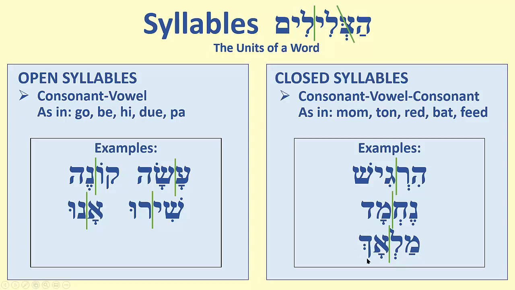Remember, we talked about how begad kefat letters can have a dagesh in them. This has a schwa in it, not a dagesh. So it has that spirantized, gravelly ch sound. And the schwa is letting you know that it's the end of a syllable. In fact, it's the end of the word. Okay, so all of these are closed syllables. All of these are open syllables.